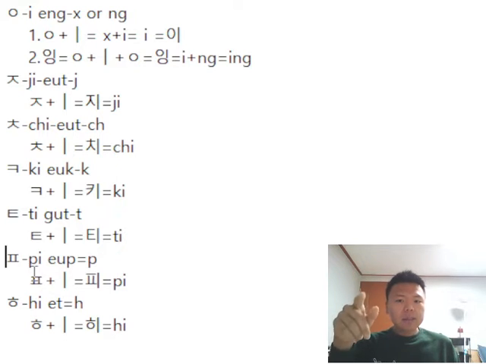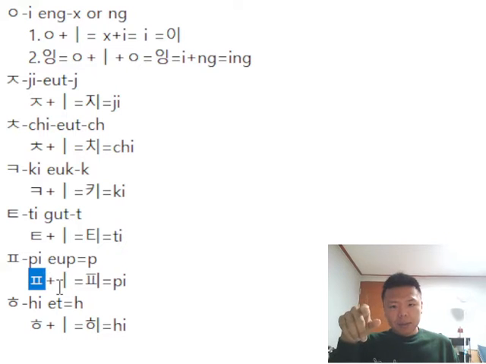And then this is 피읖. This is a P. So P plus 이, 이 has an E pronunciation, so 피.